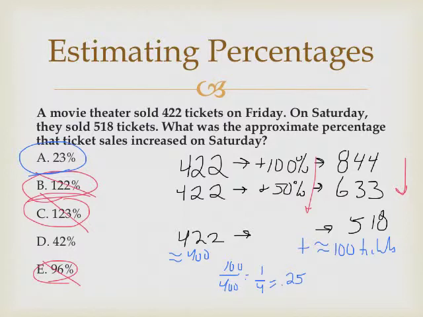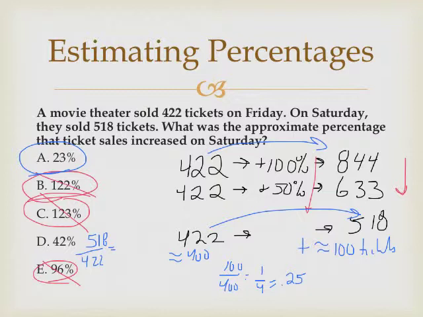If this were a calculator question, which I'm assuming it would not be, or perhaps it would be, what you would do is you would say, well, if I started here and ended up at 518, I would say, hey, what is 518 divided by 422? And I'm going to get a decimal for that.